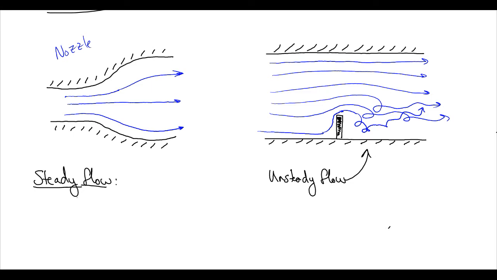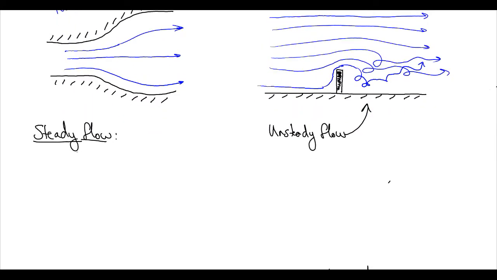So what's important to know is that with steady flow, if you release a particle in the flow, released in the flow from the same position, they take the same path. With unsteady flow, that's not true.